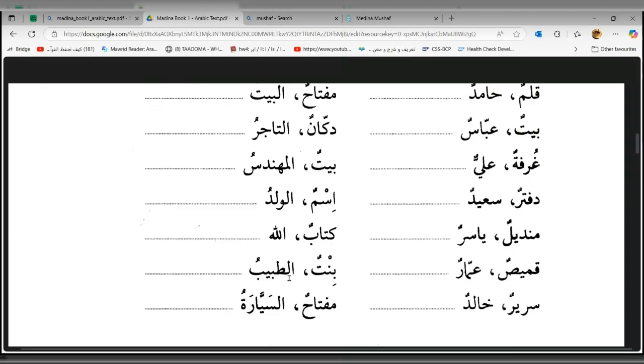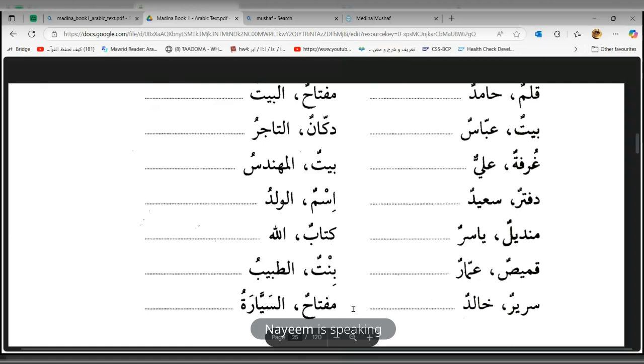Yes. Then we have miftahun and as-sayyara. Miftah as-sayyara. If you want to show the haraka on the ta, what would it be?